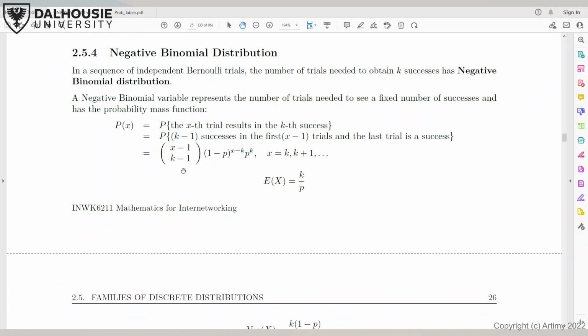Okay, in that case, the formula is x minus 1 choose k minus 1, with k the number of successes here.